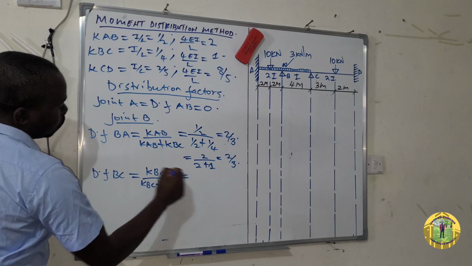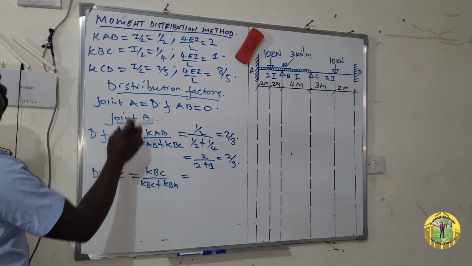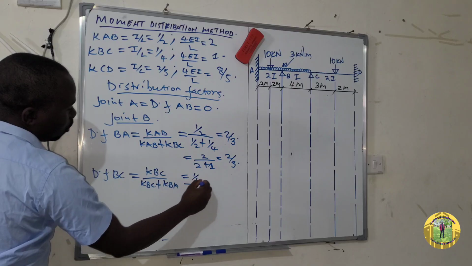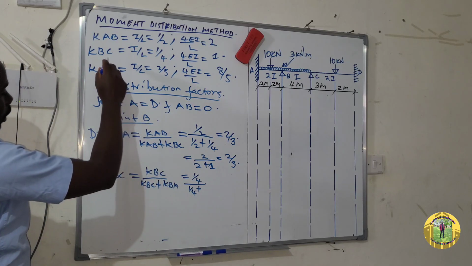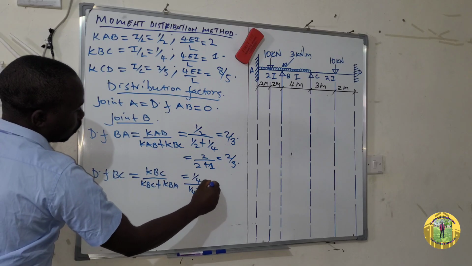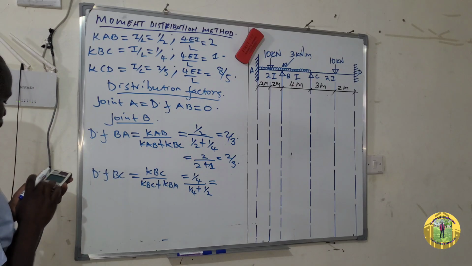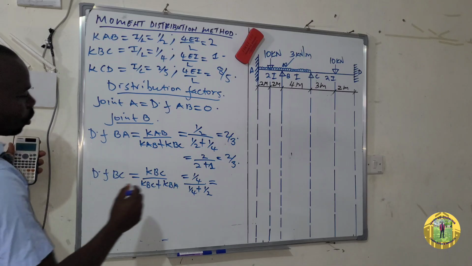So if we use I over L, KBC is 1 over 4 over 1 over 4 plus KBA or KAB, which is a half. So this one is equal to 1 over 3.